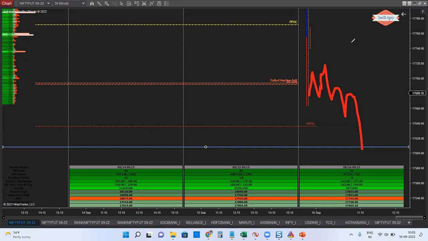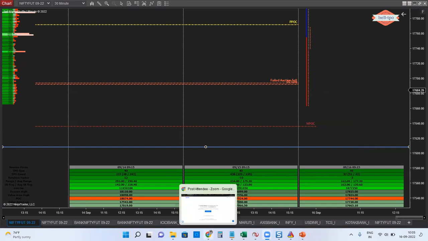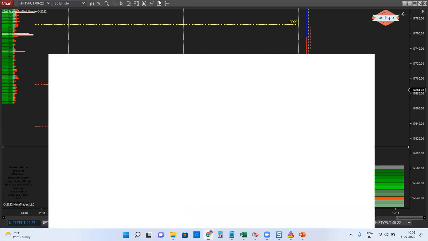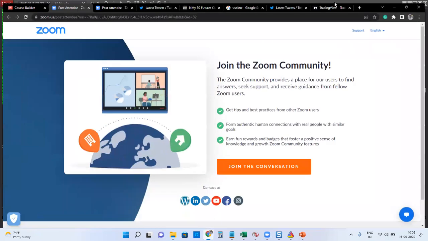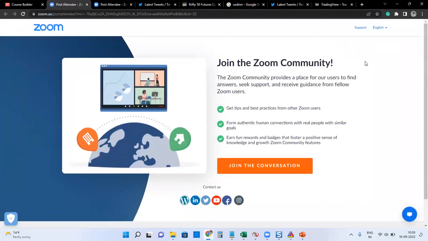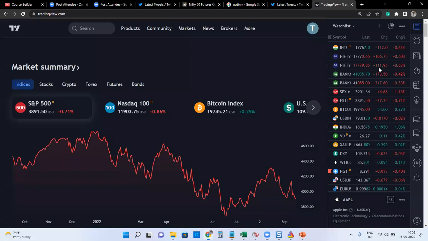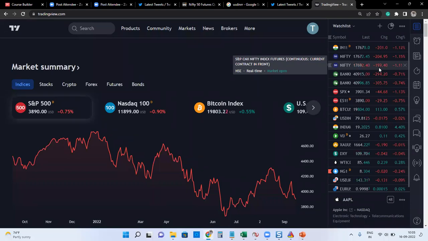If Friday is going to close by a little more than 150 plus points, and Nifty had already been down like 200 points, then anything more than 150 plus points on the Friday closing will spill into Monday's price action also.